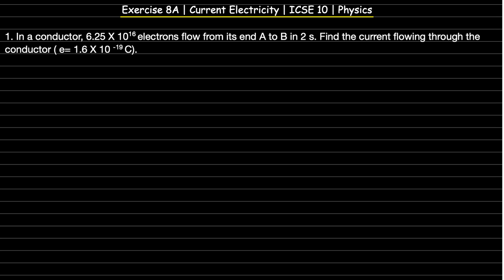Starting with the first question, in a conductor, 6.25 into 10 to the power of 16 electrons. So here we have the number of electrons given right here.